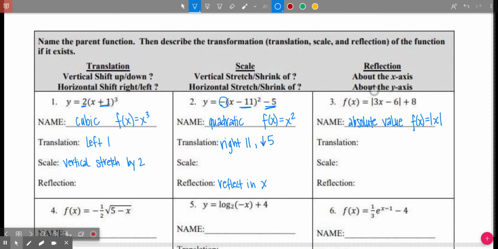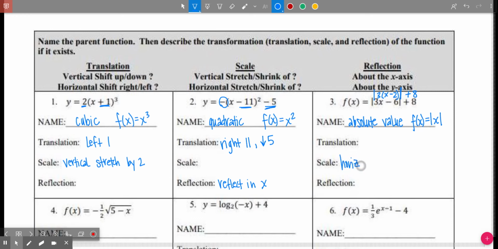So this is the absolute value of 3 times x minus 2 when it's factored, plus 8. So I have a horizontal shrink because I'm multiplying inside and my value is greater than 1.